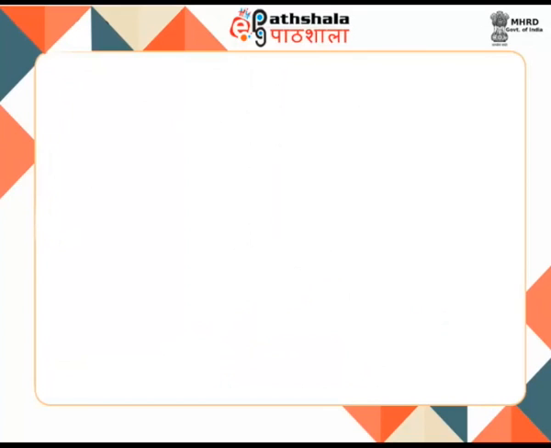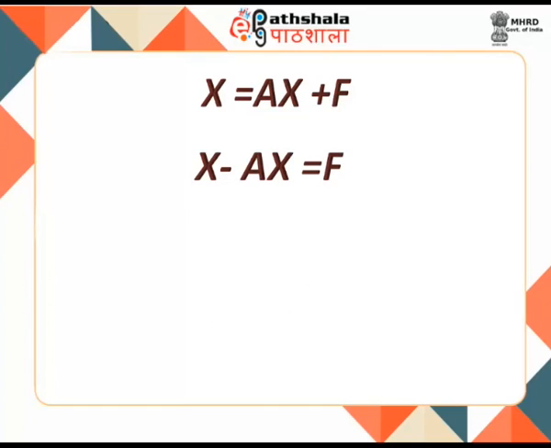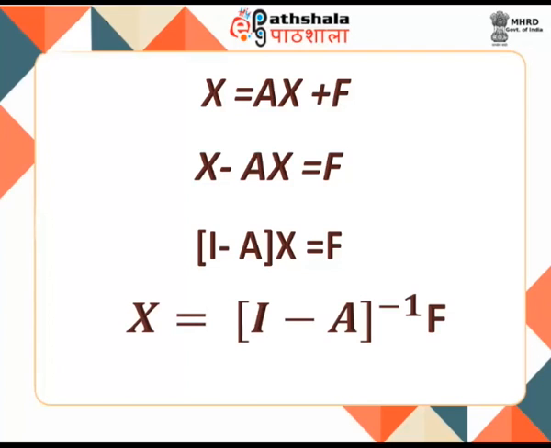Now we have x equals ax plus f, x minus ax equals f, (I minus a) into x equals f, x equals (I minus a) to the power minus 1 into f, where I is the identity matrix, a is the technology matrix, and I minus a is called the Leontief matrix.